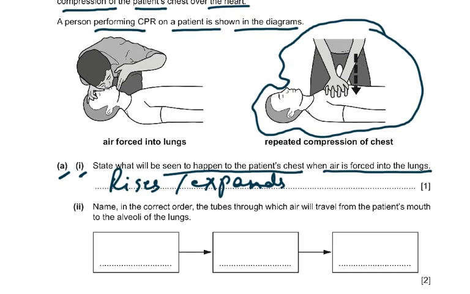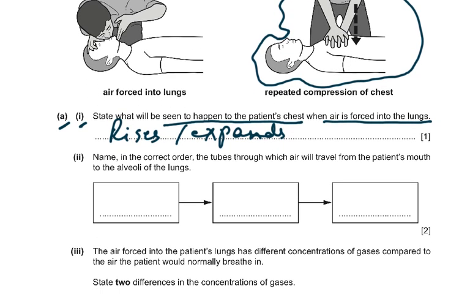Then it says, name in the correct order the tubes through which air will travel from the patient's mouth to the alveoli of the lungs. Now, of course, it makes it a little simple. It would start from the larynx, or if you said trachea, that was allowed as well.